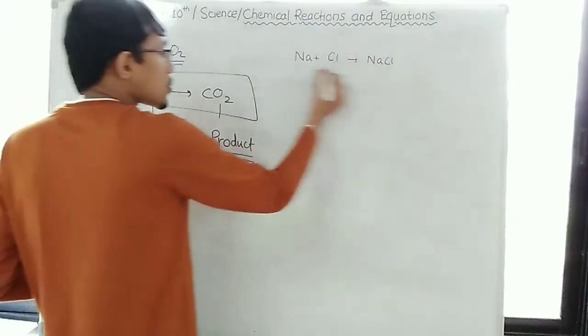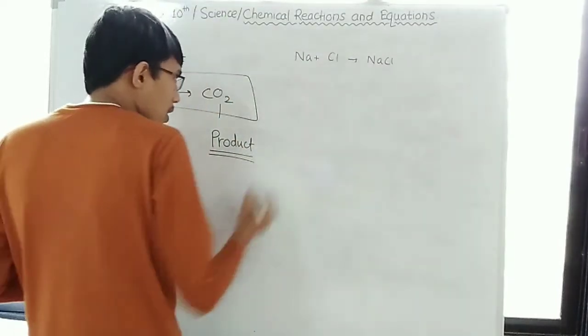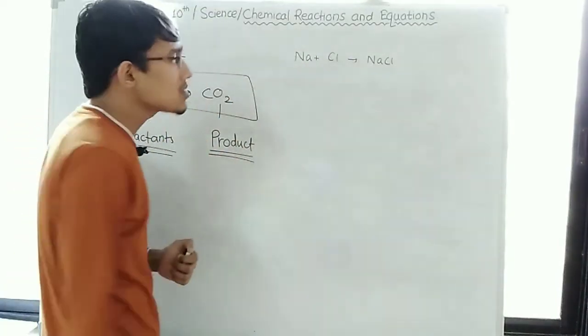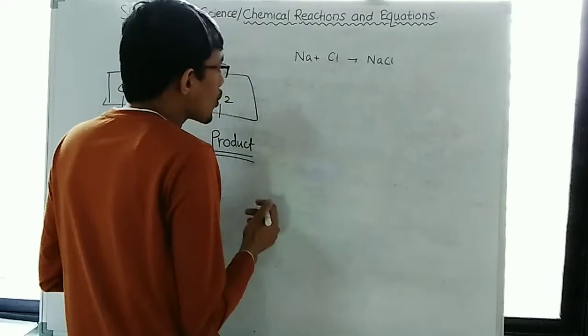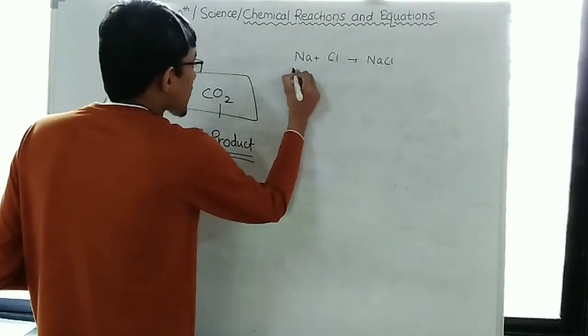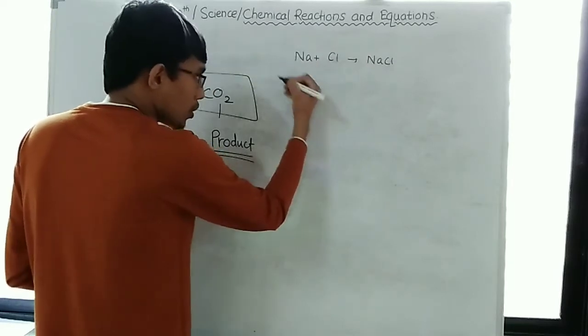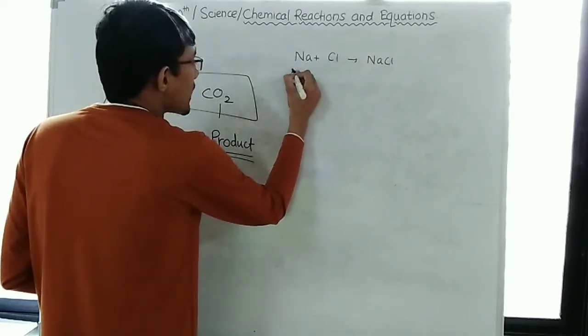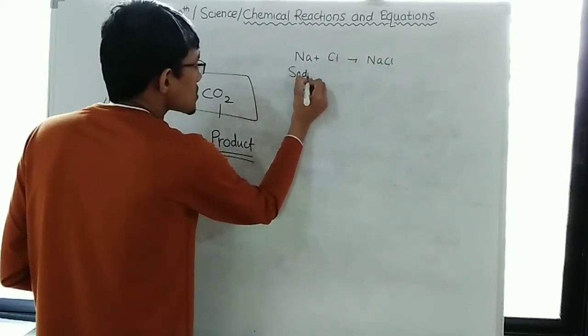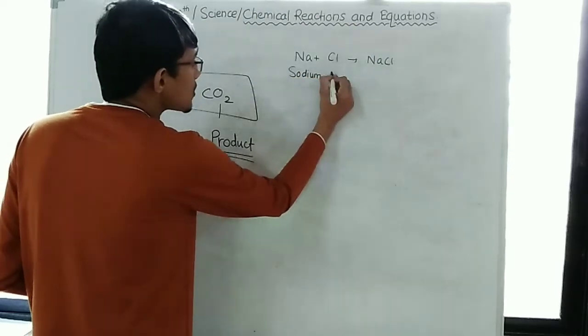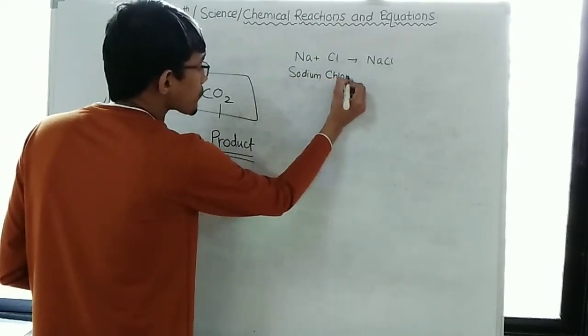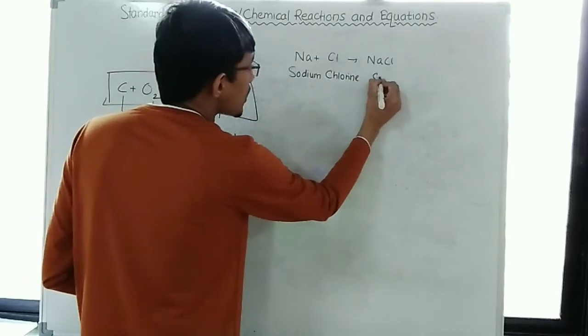This is also a chemical equation, where Na and Cl are the reactants and NaCl is the product. Now I can write the names of the elements or compounds below the formula. So Na is sodium, this is chlorine, and this is sodium chloride.